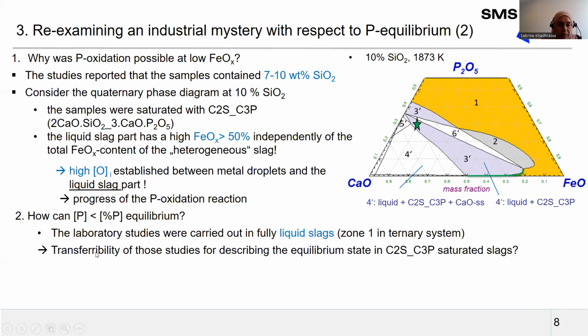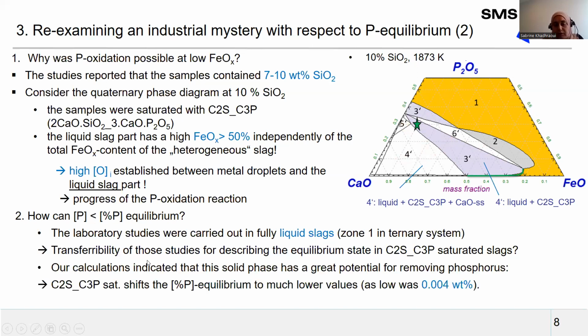And this questions, of course, the transferability of those studies to describe equilibrium in the quaternary system, where the slag is not fully liquid in the industrial process. It is saturated with C2SC3P, either saturated with only C2SC3P or double saturated with lime and C2SC3P in this industrial region.